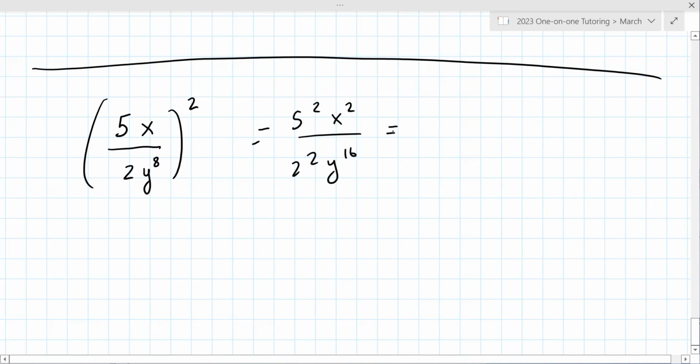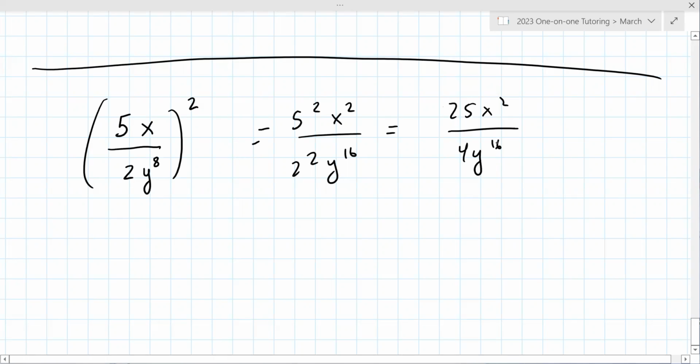Then that would be 25x squared over 4y to the 16th.